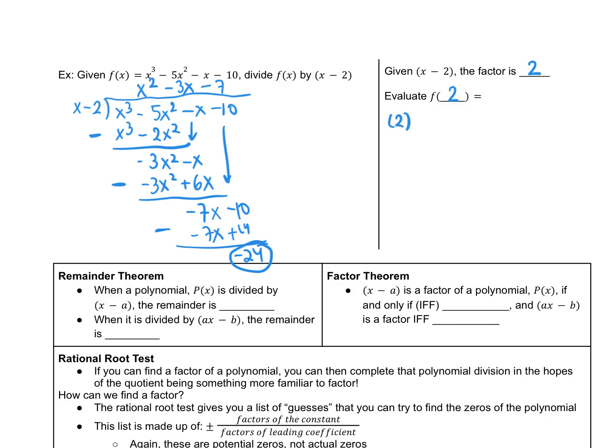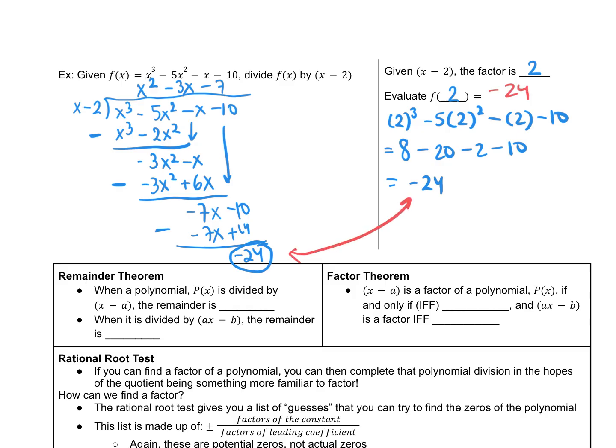So we would have 2 cubed minus 5 times 2 squared minus 2 minus 10. That is 8. Subtract 4 times 5 is 20, subtract 2, subtract 10, and if you punch that in, you get negative 24. The exact same thing.